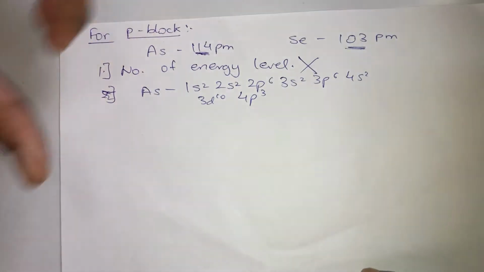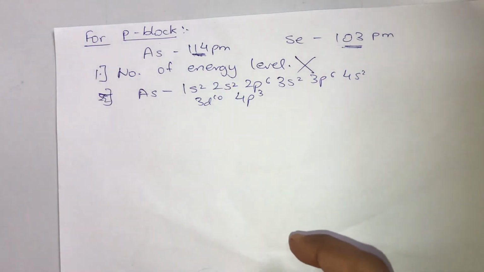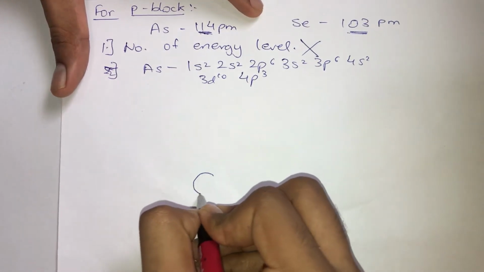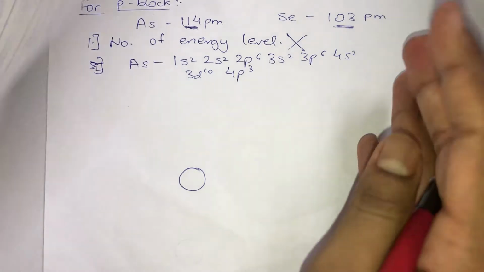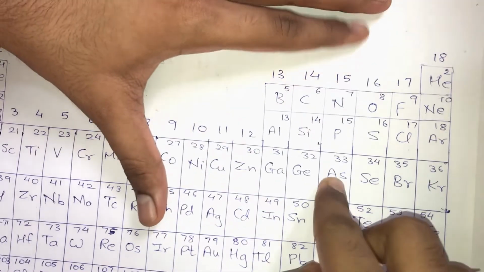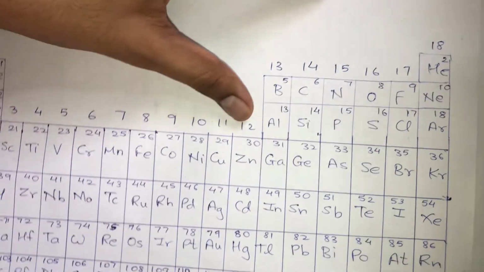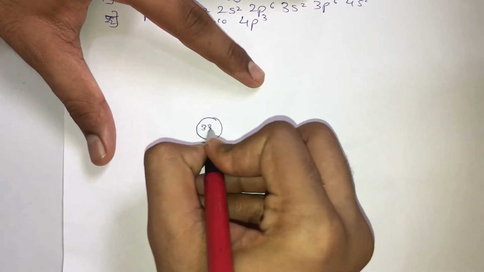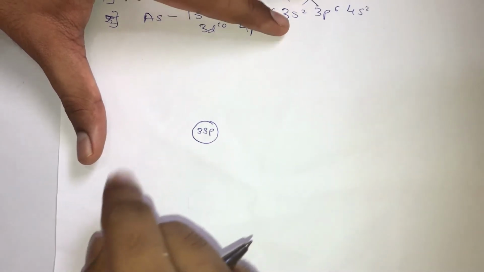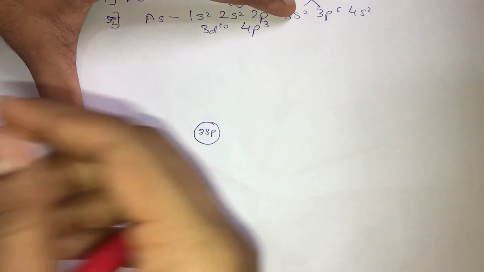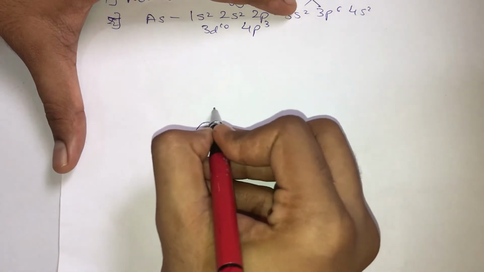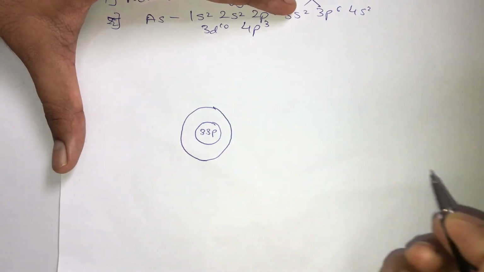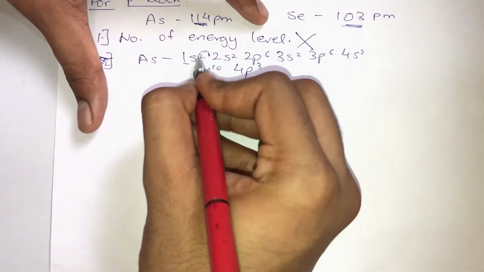Arsenic's atomic number is 33, so it is obvious that there will be 33 protons inside the nucleus. In the first energy level there are 2 electrons.